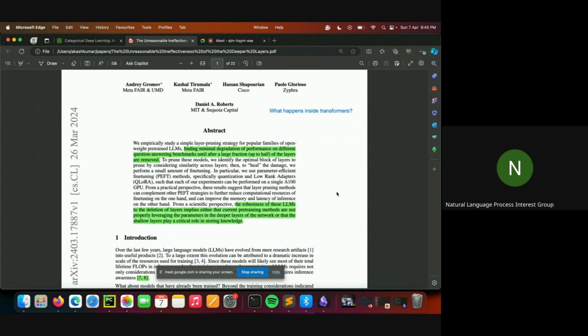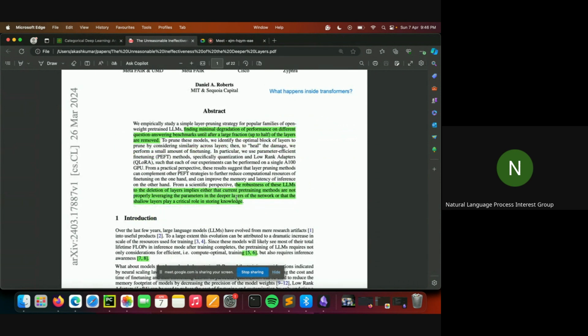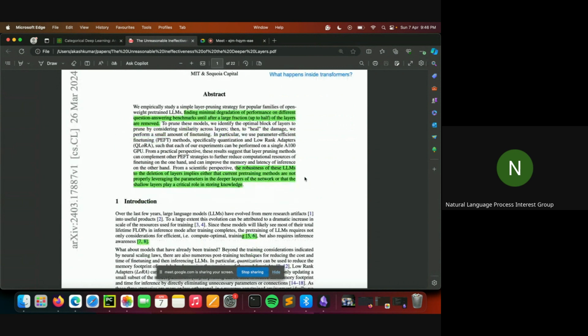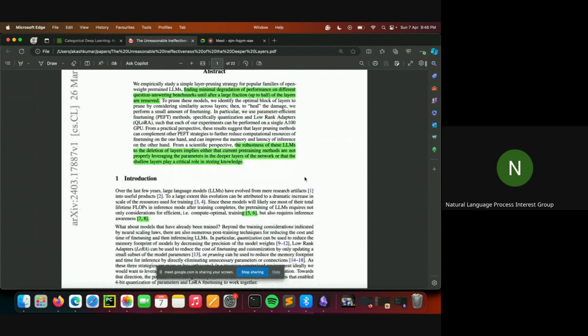And they show that the deeper layers, so here in this paper, the shallow layers are the ones closer to the input, and the deeper layers are the ones closer to the output. The authors say that the deeper layers of the network might not be that important for the performance of transformer models.